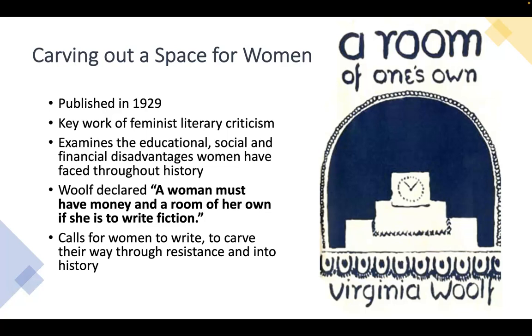It looks in particular at the educational, social, and financial disadvantages that women have faced throughout history, which has often impacted what little they have been able to contribute to history as Woolf knew it. And that's something that we'll talk a little bit about in this video, that even in the 1920s, Woolf's access to a real history of England or a history of women is much more scant than the one we now have.